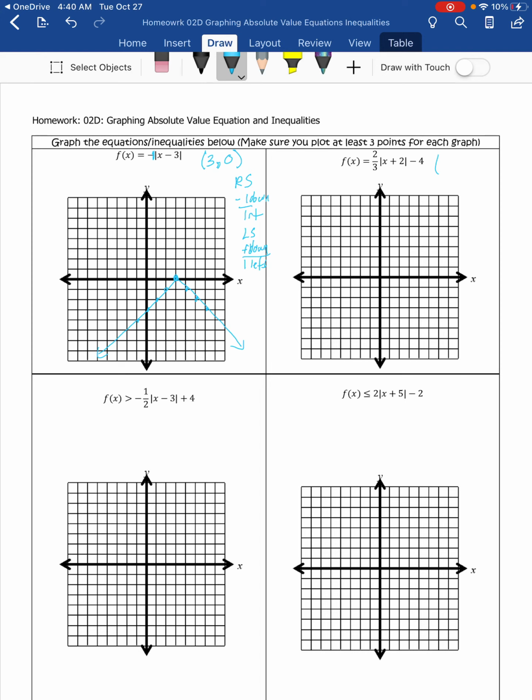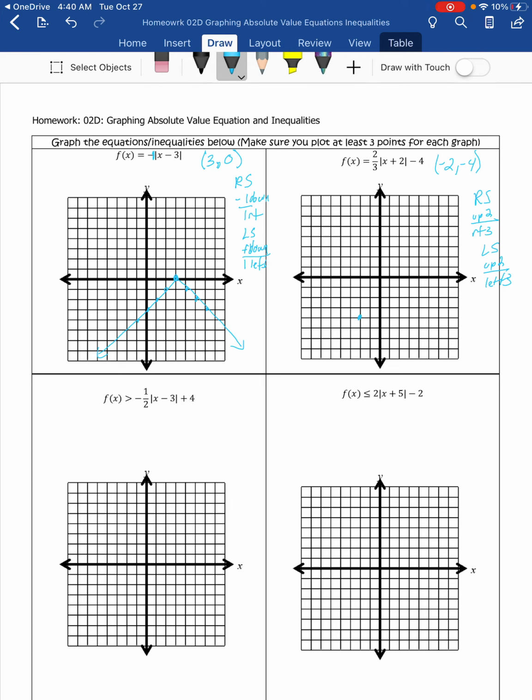For this one here, my vertex is -2, -4. My right slope is going to be up 2, right 3. My left slope is going to be up 2, left 3. Okay, so it's going to be -2, -4.